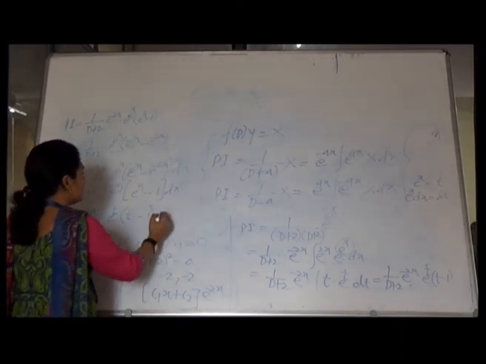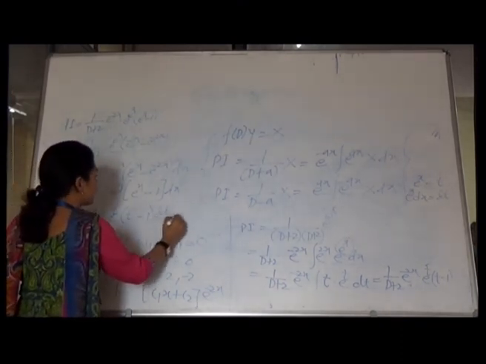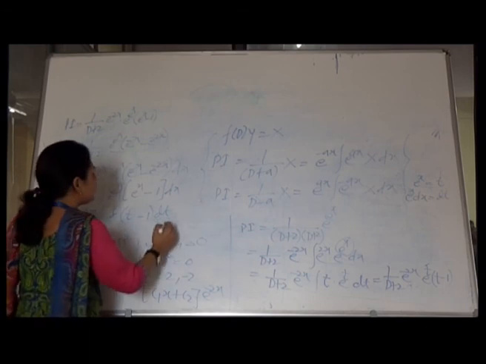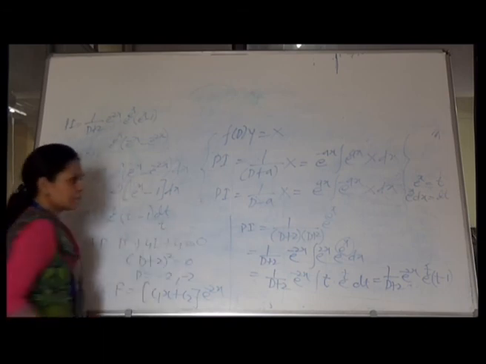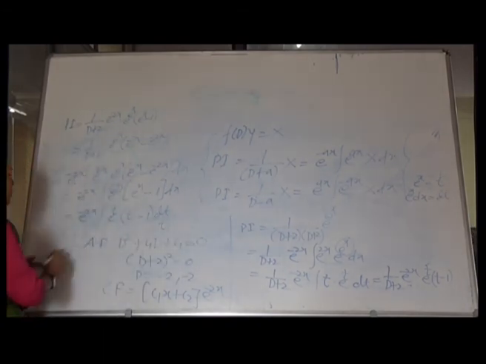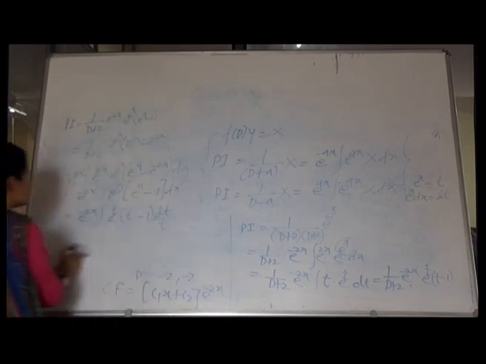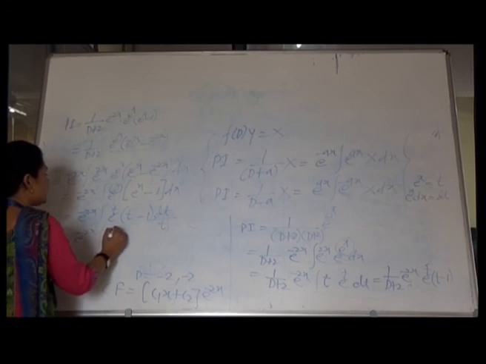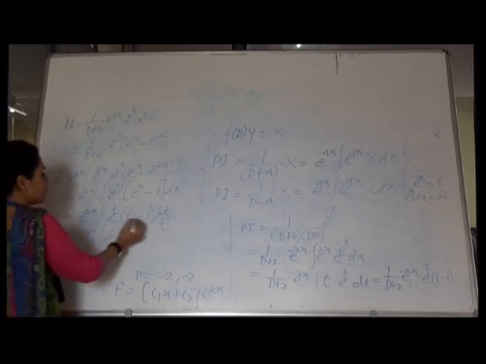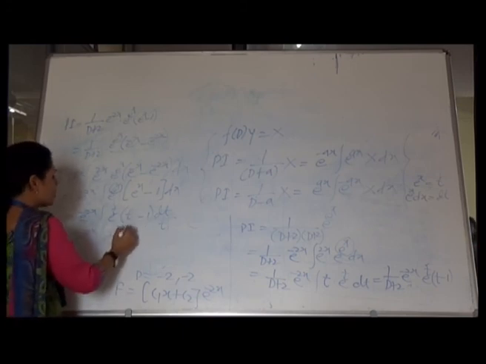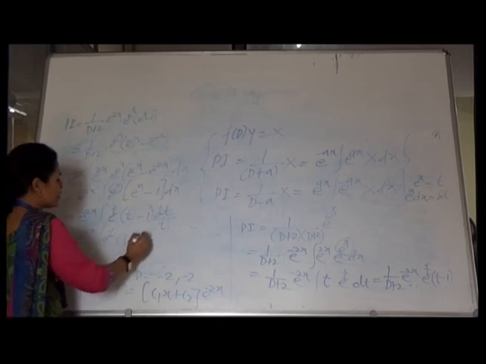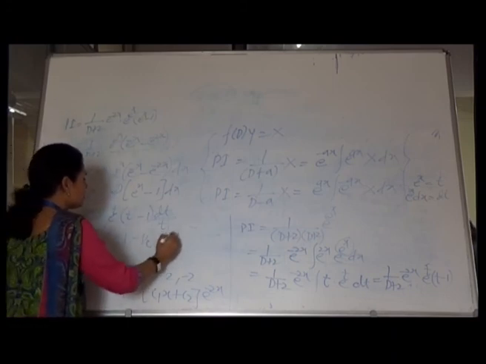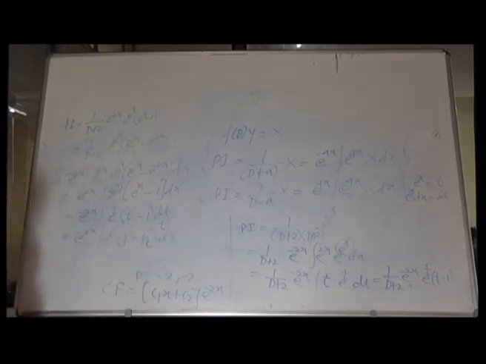That dx is dt upon e raised to x, meaning dt divided by t. If you simplify this integral further, this is equal to e raised to minus 2x integral e raised to t, if I simplify this as 1, t divided by t becomes 1, minus 1 by t, multiplied by dt.